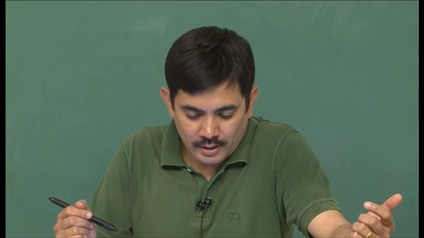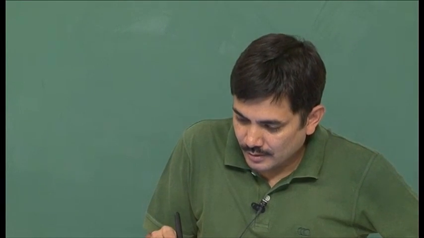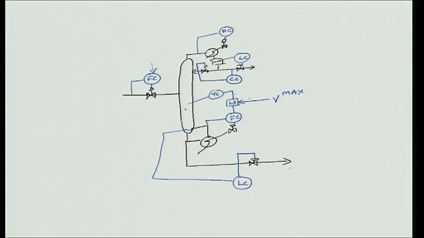What do we do then? Well, conventionally what is done is, you have another temperature controller, and I am calling it OTC, override temperature controller. And what this temperature controller does is, it adjusts the feed. I will put a low select here.